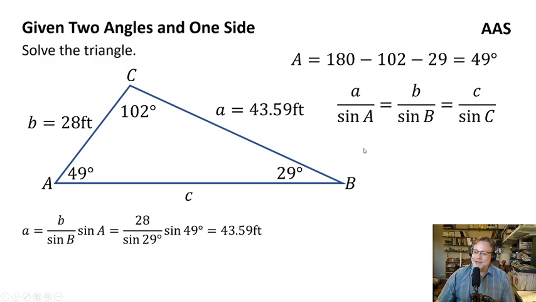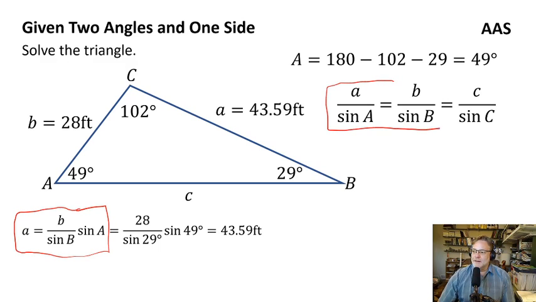If I solve this for A, all I've done is multiply both sides by the sine of A. So I want you to see this as this, where I've just multiplied both sides of the equation by sine of A. And so A is now by itself, and on this side I've got B over sine of B times sine of A. Now it's just a matter of plugging stuff in.